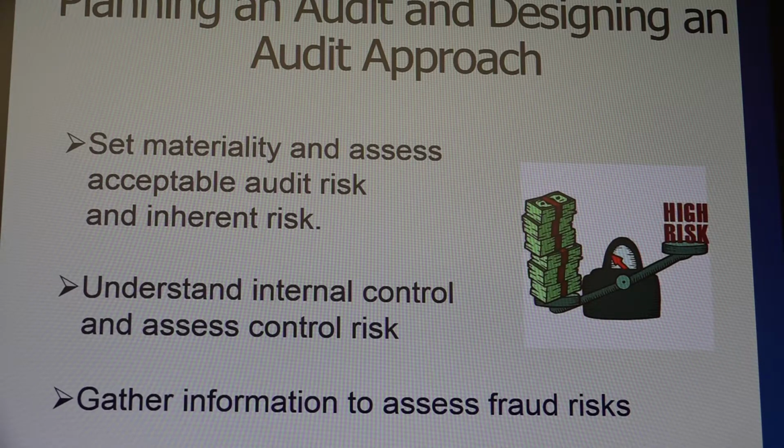You're trying to understand internal control and assess the control risk. You need to gather information to assess fraud risks. And the key is to develop an overall audit strategy and audit program.